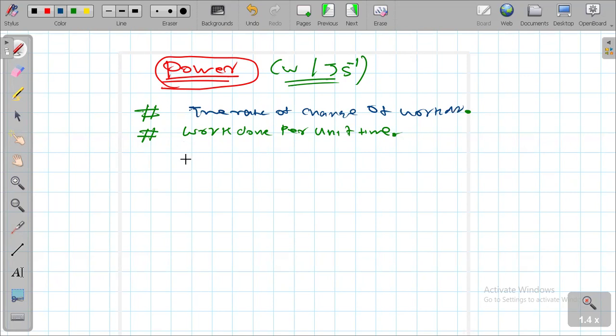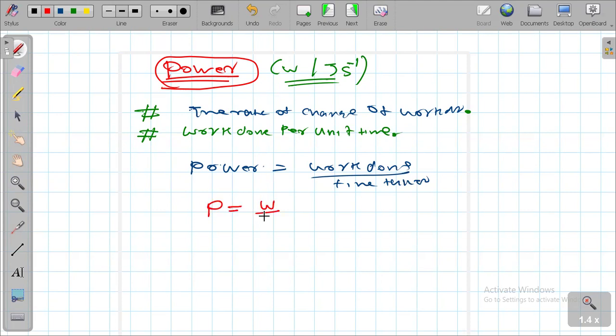Let's write the equation in words. Power equals work done over time taken, W over T. Copy this.